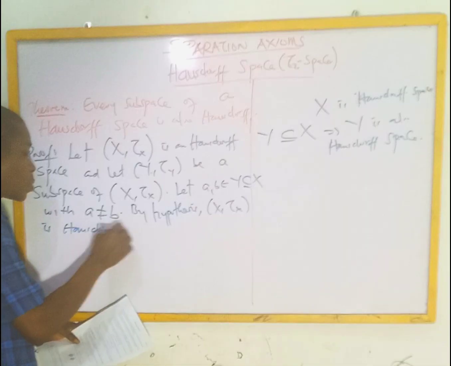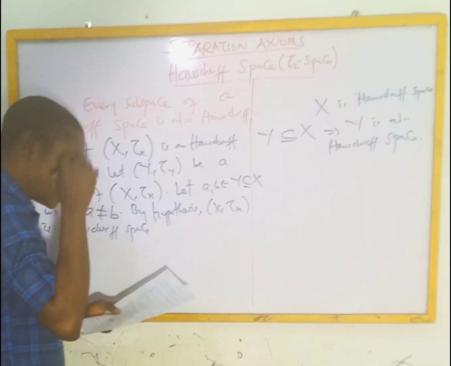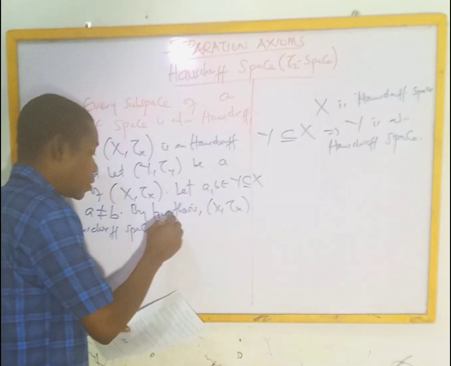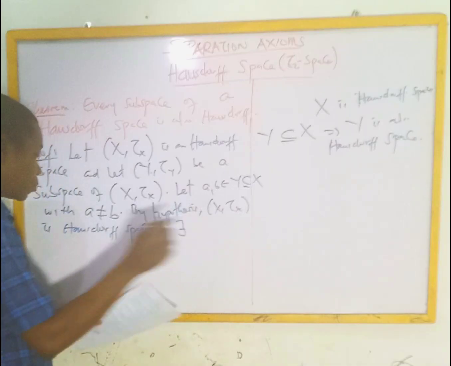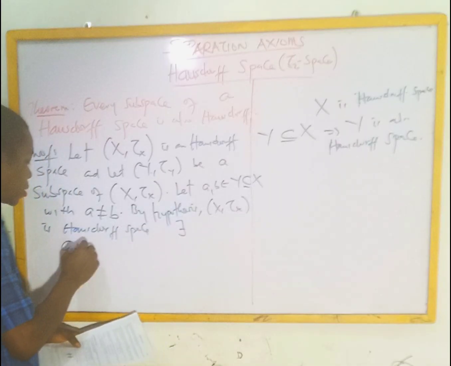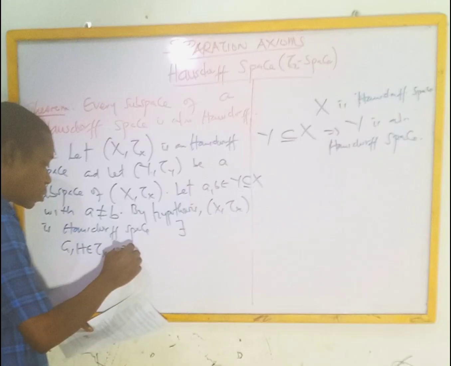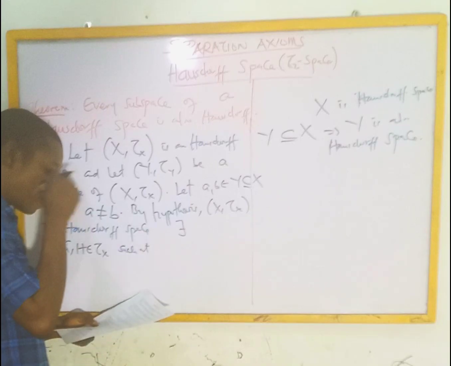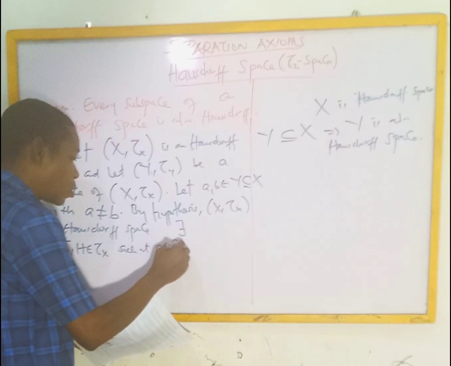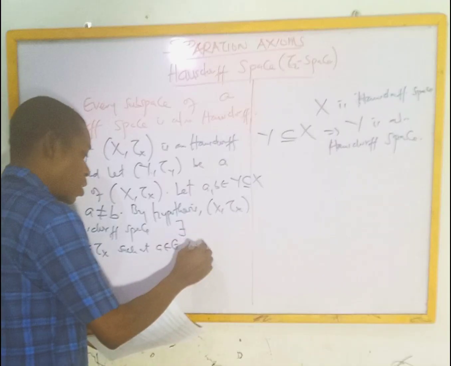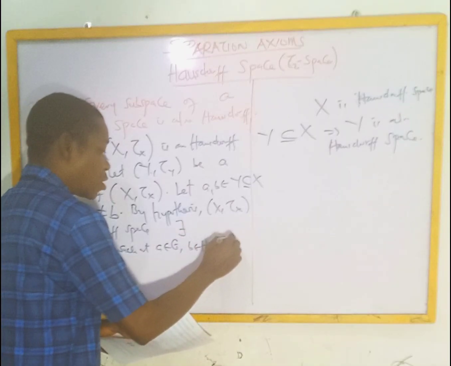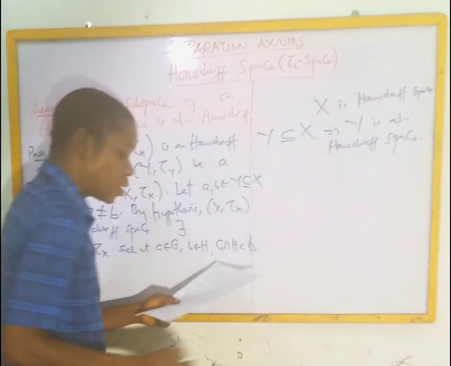So when it is a Hausdorff space, by definition there exist open sets G and H in τ_X such that a is in G, b is in H, and G intersection H is an empty set.